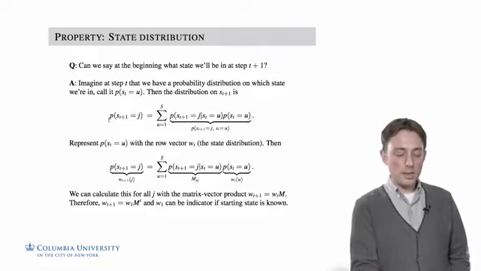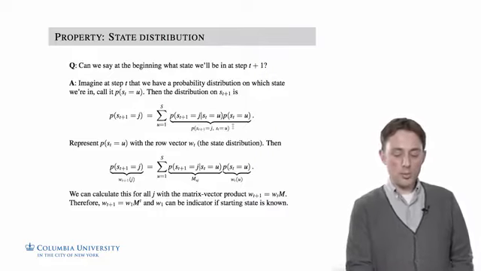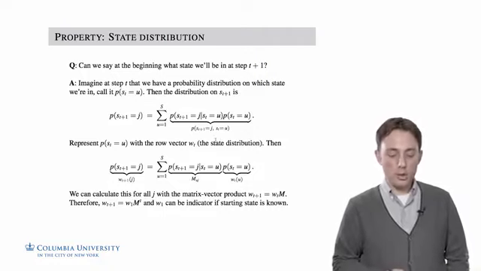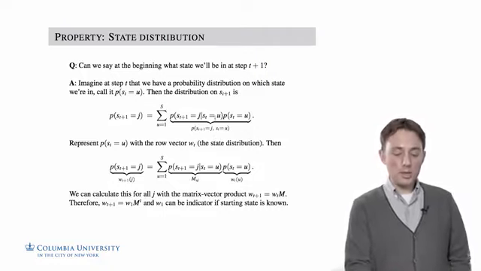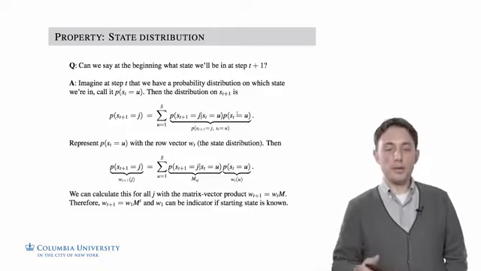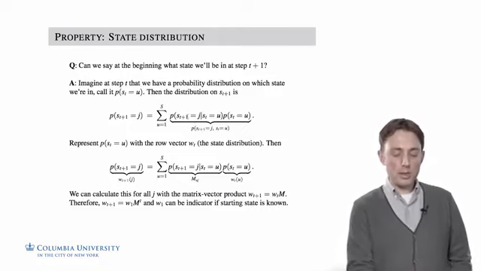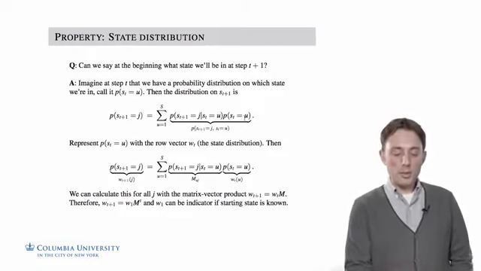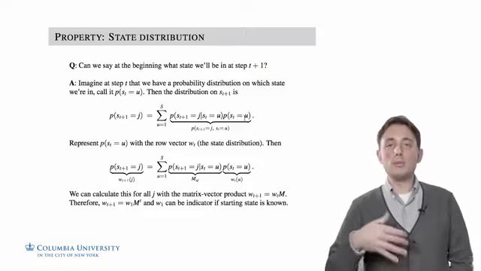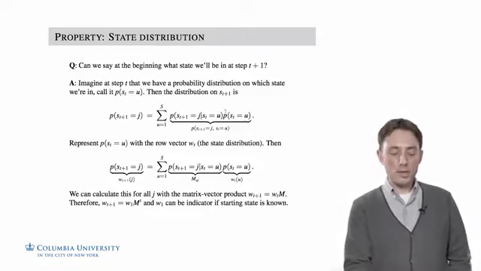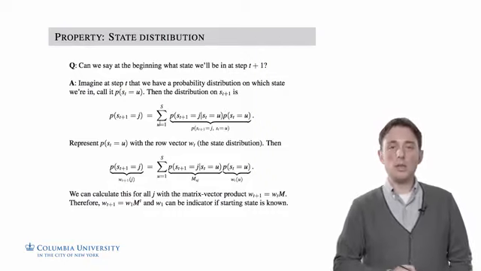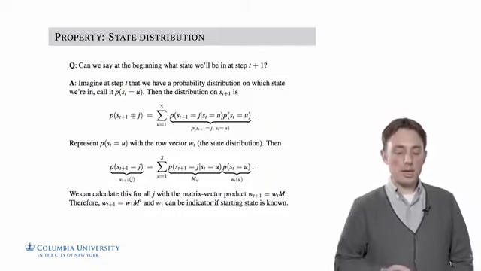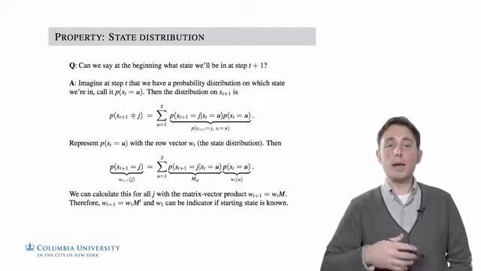But then I take this joint and write it as a conditional times a prior. So I can write this joint probability as the probability, given that I'm in state u at time t, of transitioning from state u to state j at time t plus 1, times a prior probability of being in state u at time t to begin with. So I multiply these two things together, I sum over all of the states for time t, and I get my marginal distribution of where I am at time t plus 1.